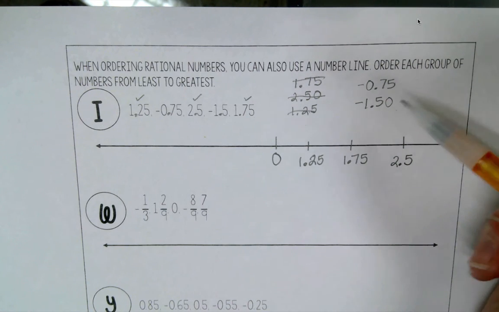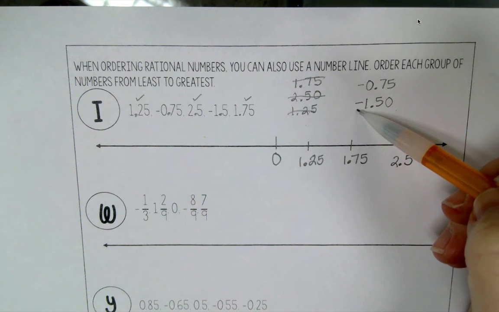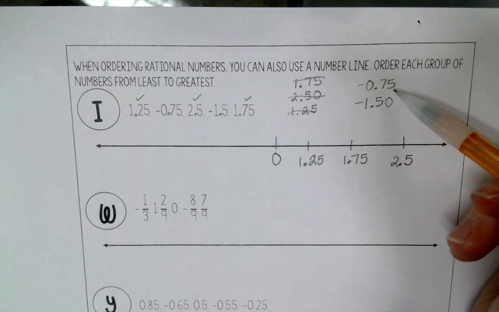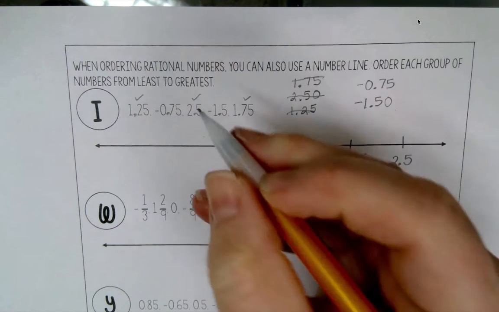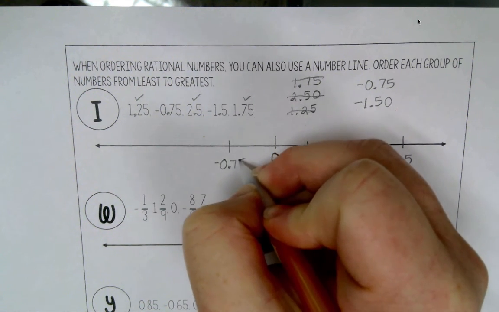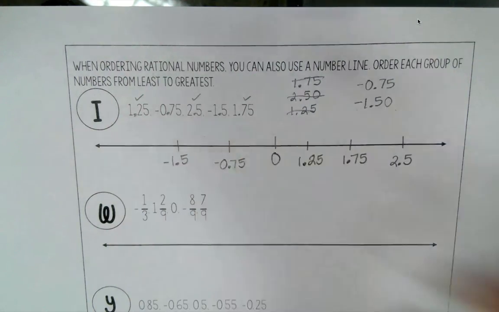Because if I was just comparing, I'd say, oh, 1.5 is greater, but it's negative. So this is actually the opposite. 1.5 is actually smaller than 0.75. So I'm going to put negative 0.75, and then I'm going to have negative 1.5. There it is.